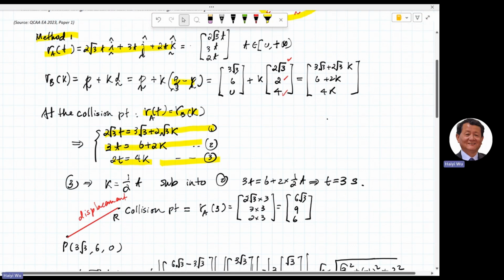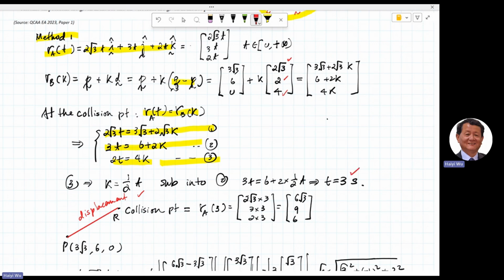Solving equation 3, we get k is half of t. Substitute into equation 2, and you get t. So when they collided, the time taken for particle A, or object A, is 3 seconds.